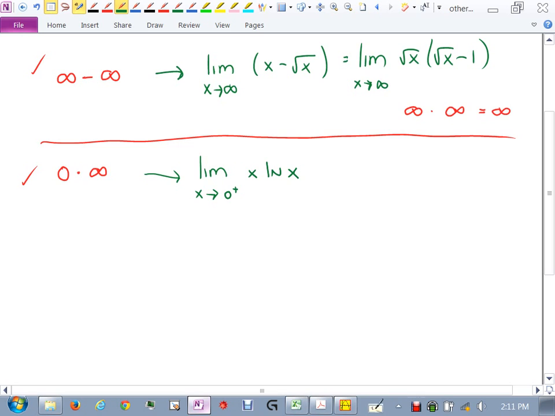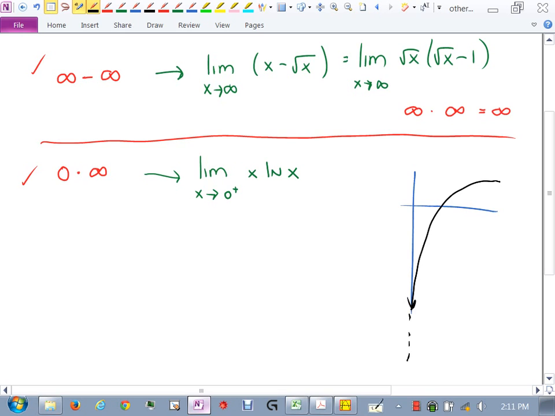Look, x goes to 0. This one goes to 0, right? Natural log of x. What does the natural log function do as you approach 0 from the right? Here's natural log x. We did this last class. This is what natural log of x looked like, right? That was an asymptote there. So what happens as you approach 0 from the right? It goes to negative infinity, right?